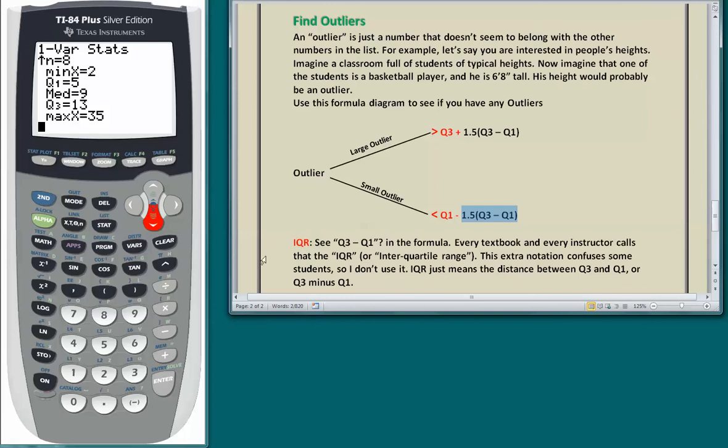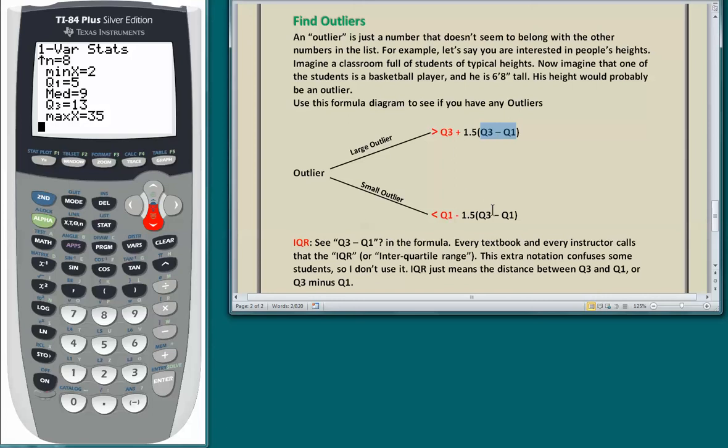So before we go on, let's talk about IQR. Notice the Q3 minus Q1 in the formula. Every textbook and every instructor calls that the IQR, or interquartile range.